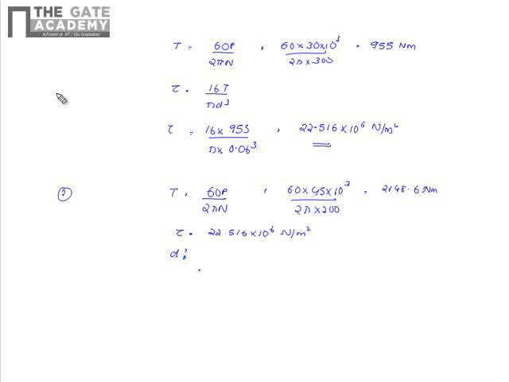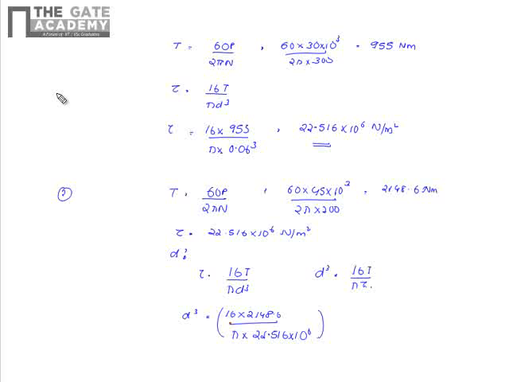We know that tau is equal to 16T by pi d cube, or d cube will be equal to 16T by pi tau. So we can find out d cube. It will be 16 into the new value of torque, 2148.6, divided by pi into tau, which is 22.516 into 10 power 6.